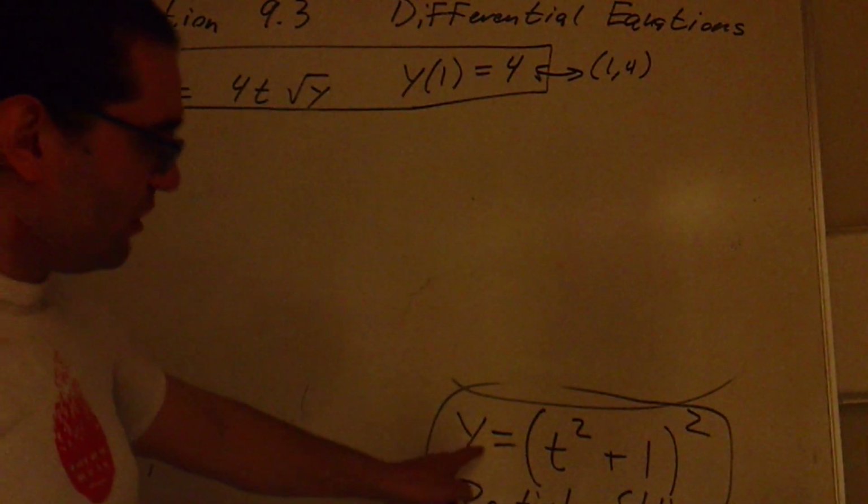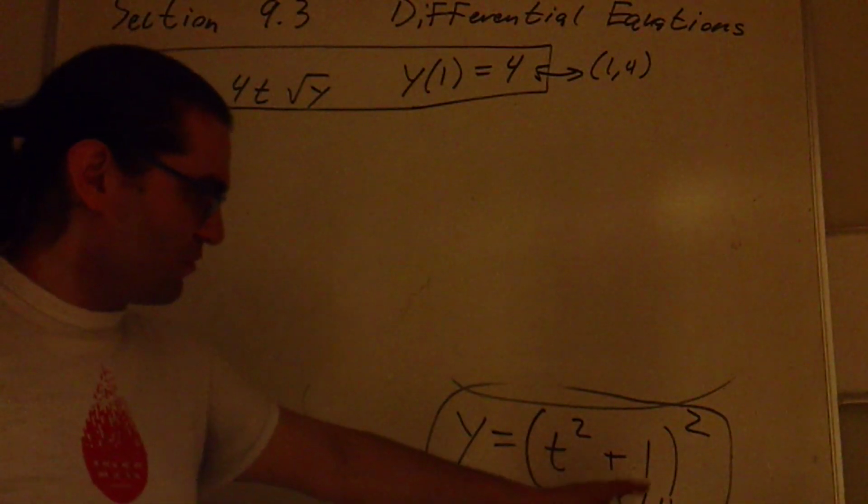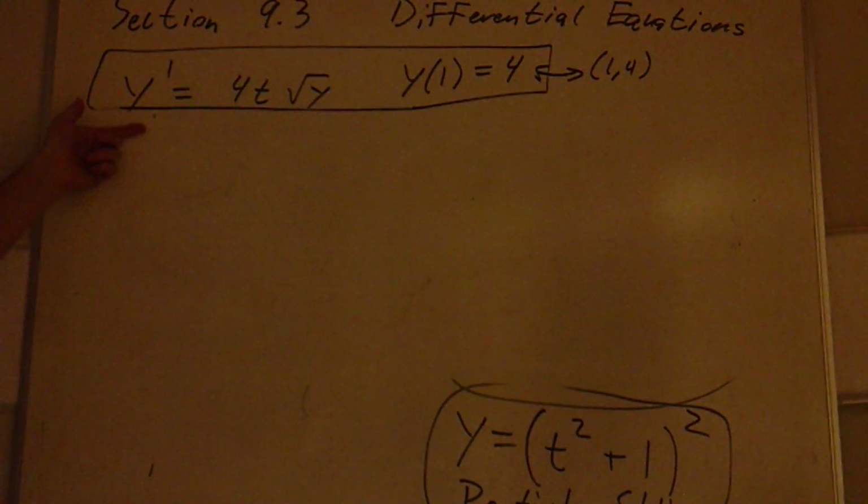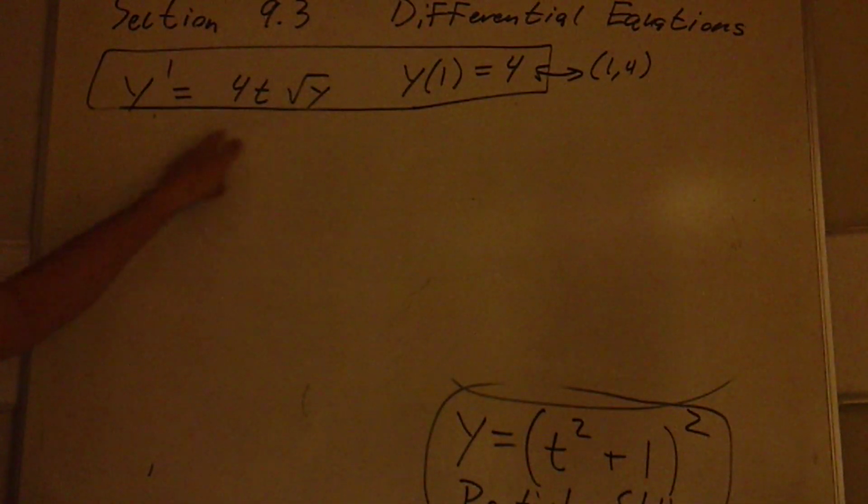y ought to be t squared plus 1 quantity squared. We can use that to find y prime and check to make sure that it equals this.